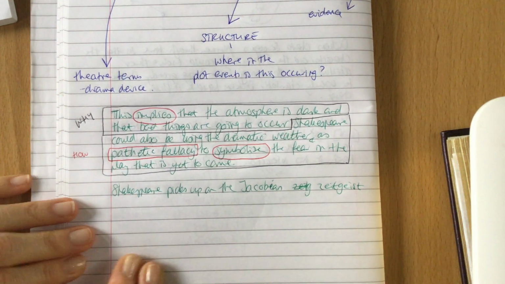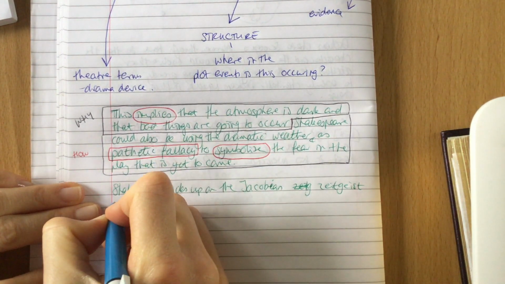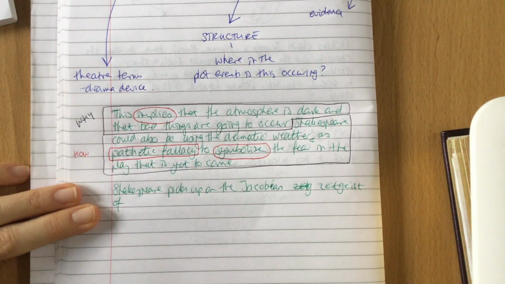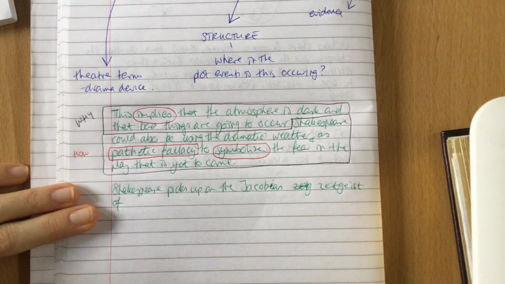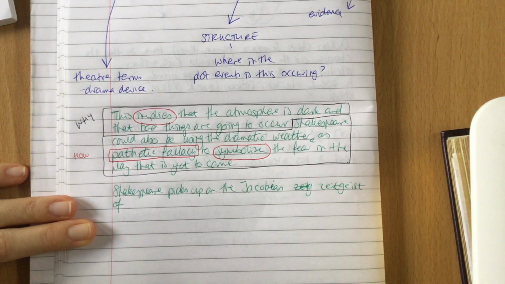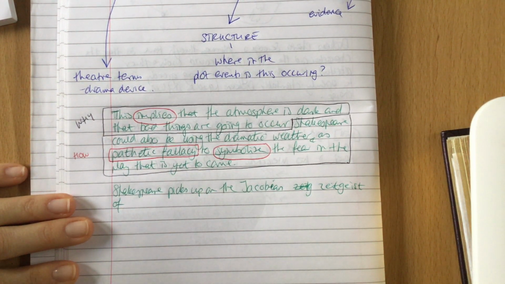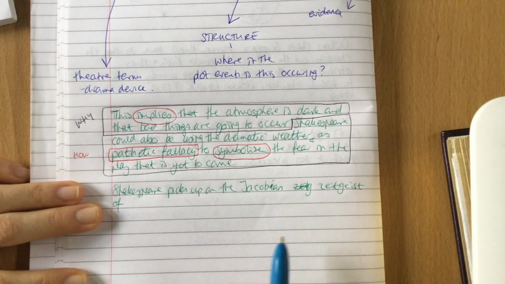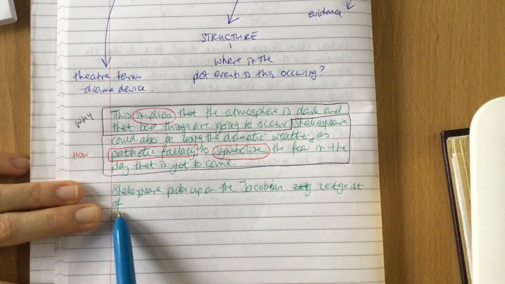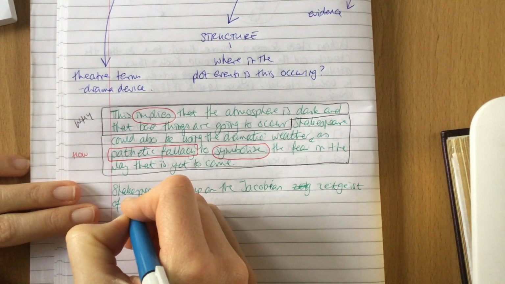The Jacobean zeitgeist of what was the mood of the time? Witches are assumed to be evil agents of the devil. So Shakespeare picks up on the Jacobean zeitgeist of the fear of witches.